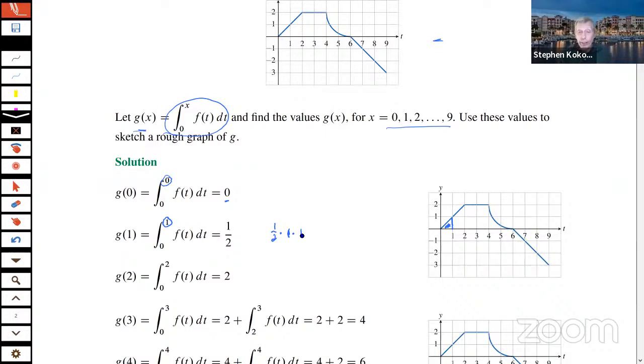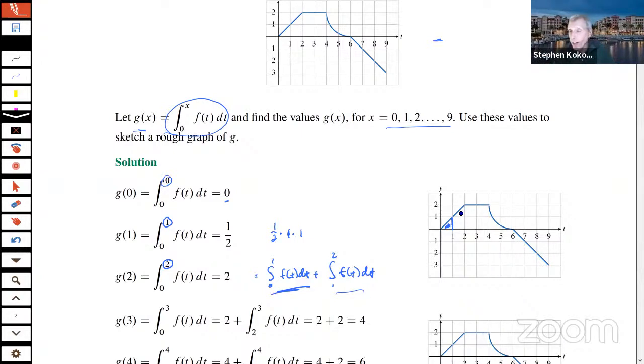How do I find g of 2? Well, okay, I plug in a 2 up there, and you're absolutely right. What I probably should have done here was rewrite this as the integral from 0 to 1 of f of t dt plus the integral from 1 to 2 of f of t dt, because I already know this one, and then I can use this idea of finding the area under the curve from 1 to 2.